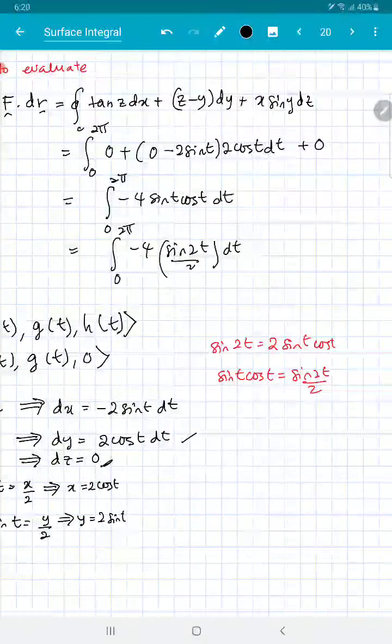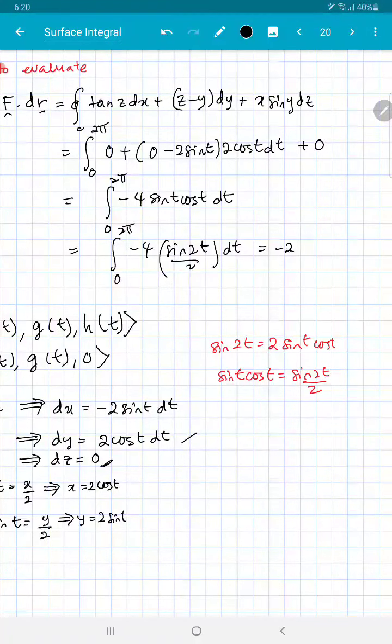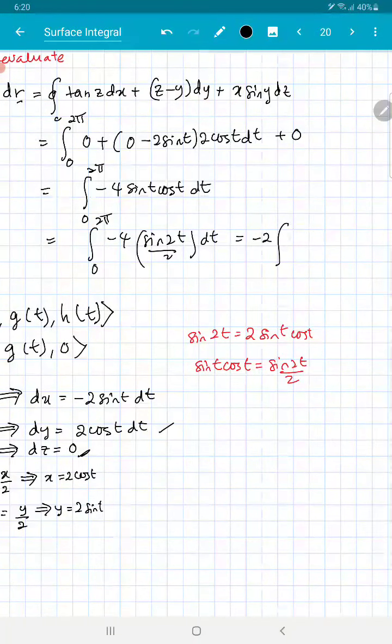So we get -2, since -4 divided by 2 is -2, and integrate sine 2t, we get negative cos 2t over 2, and then replace t with 0 and 2 pi.